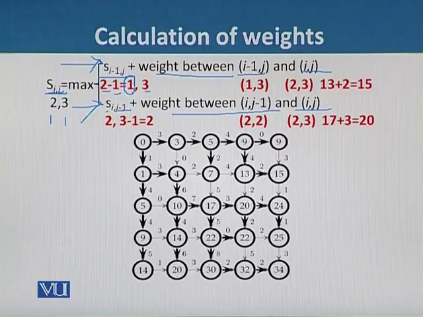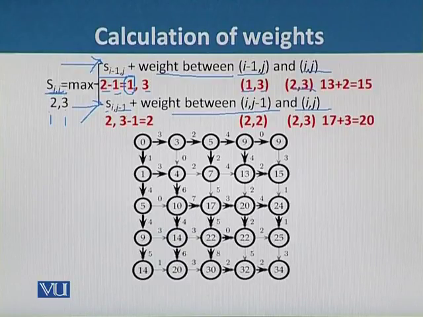So again we have to calculate the weight values with I minus 1, that is 1, and the original value of j, that is 3. And we also have to calculate I and j, where the original values we have already assigned are 2 and 3.